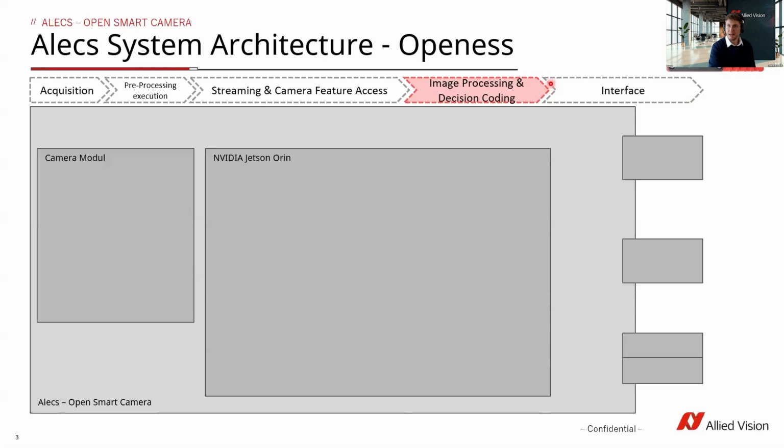Here I really explain how you can use the image processing or the decision coding. That's the customer space where customers really can create whatever they want. And then on the right side, we have the interfaces to the outer world to communicate with PLCs, with illumination lights or whatever. So that's in general the path through a smart camera vision system with AI.